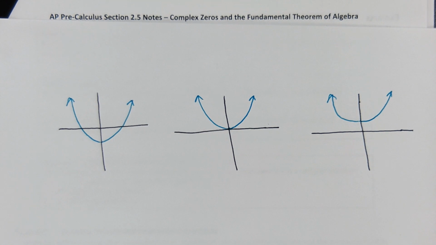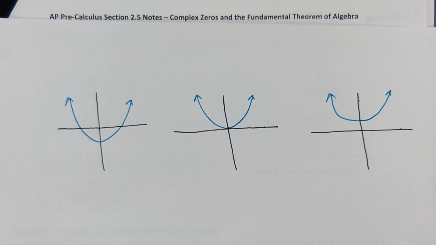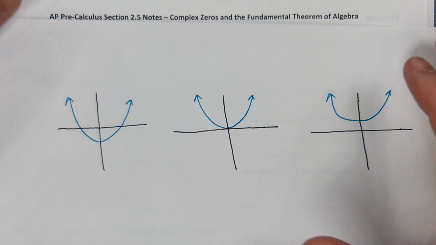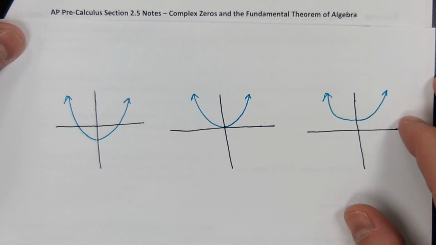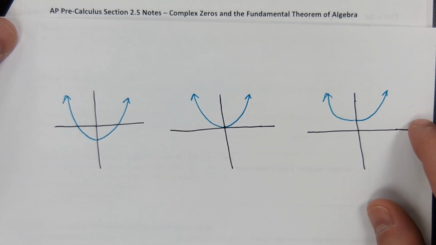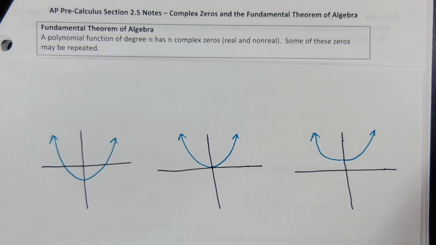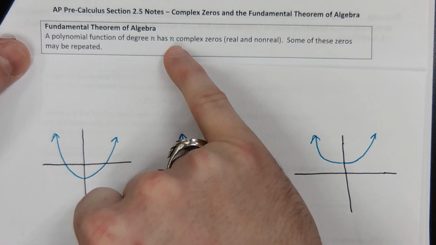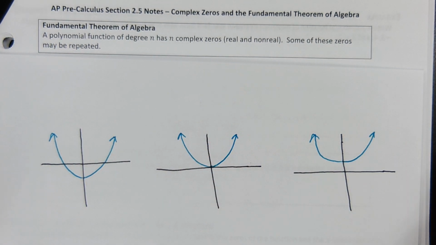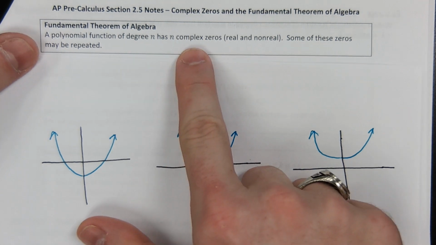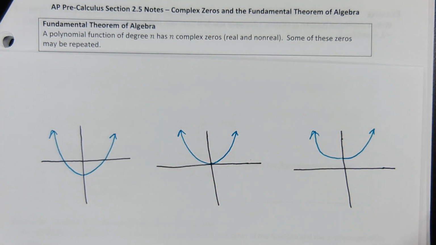Our solutions would be complex. Cool with that? So Jack said, well, I know it has 2 solutions because it's a quadratic. Yeah. The fundamental theorem of algebra says whatever the degree of the polynomial is, that's how many solutions it has. And it specifically says they're complex.